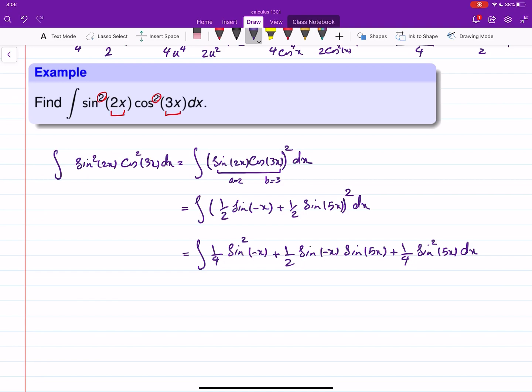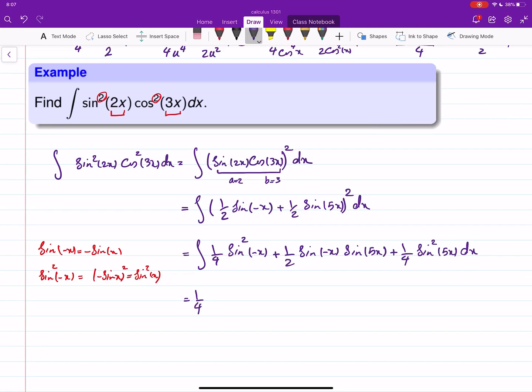so I can use the property sine of minus x is equal to minus sine x. So as a result of that, sine squared of minus x, which is negative sine x squared, this will be sine squared x. So let me just fix these powers and separate each integral.